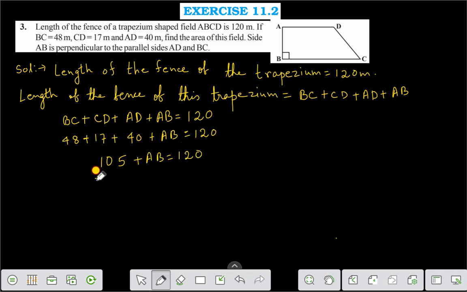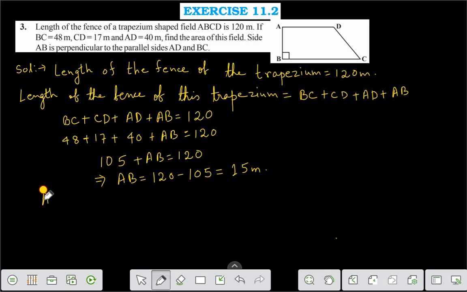Therefore, AB is equal to 120 minus 105, and that is equal to 15 meter, right? So we got the value of AB as 15 meter.